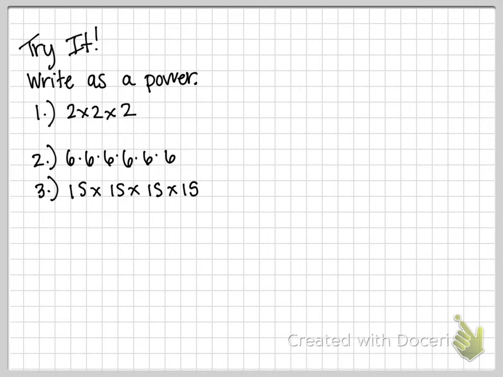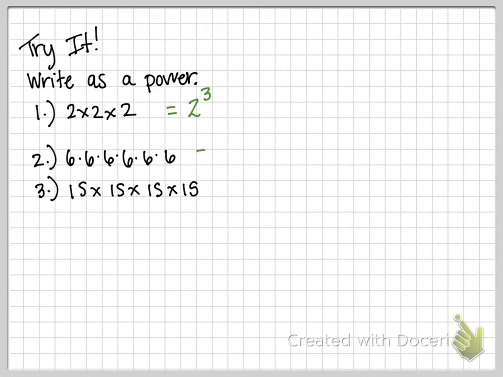I'm going to give you a minute. Number 1, we have 2 times 2 times 2 as a power. Roger, what'd you say? 2 to the third power. Perfect, that is correct. Number 2, we have 6 times 6 times 6 times 6 times 6 times 6.